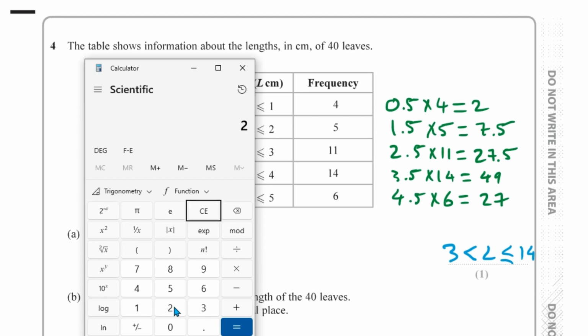So we can say 2 plus 7.5 plus 27.5 plus 49 plus 27, and that result is going to be 113, and we divide that result by 40 because we have 40 leaves. So divided by 40 gives us an average length of 2.825.